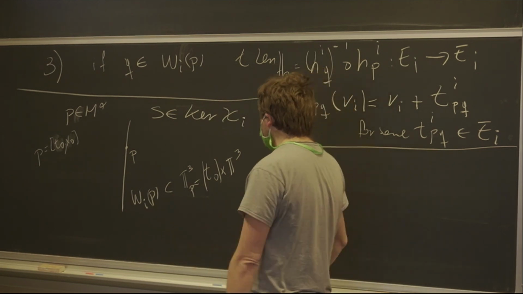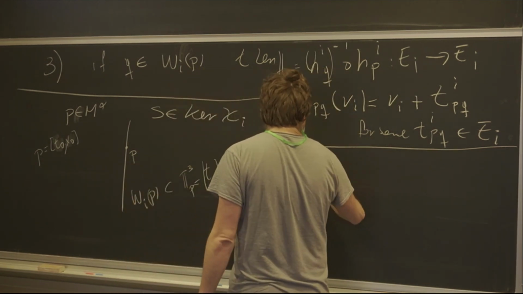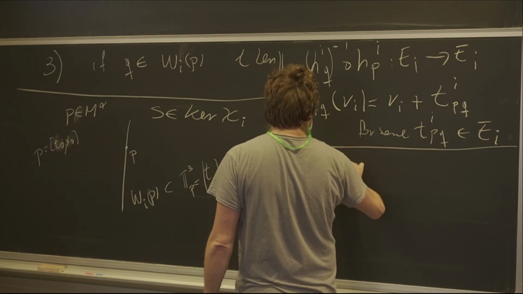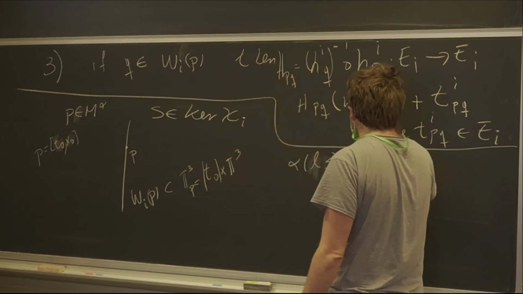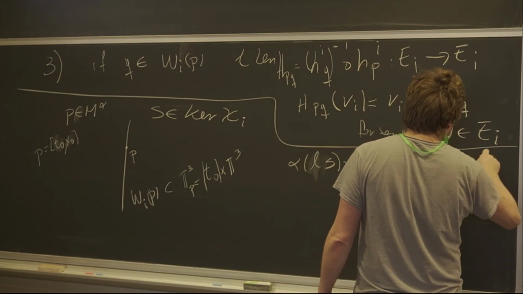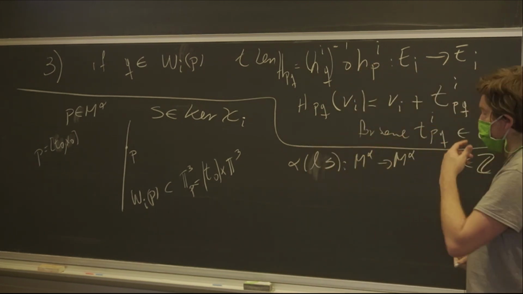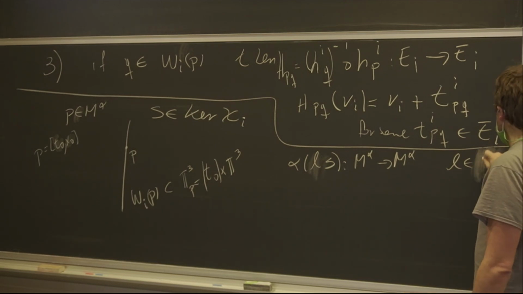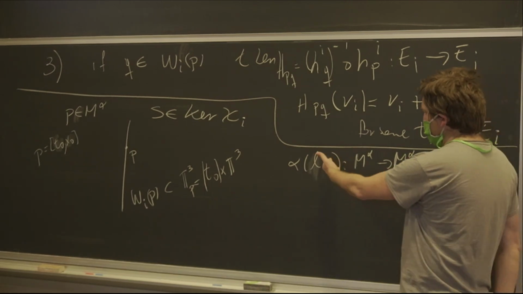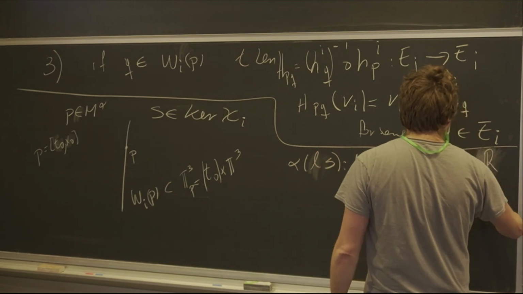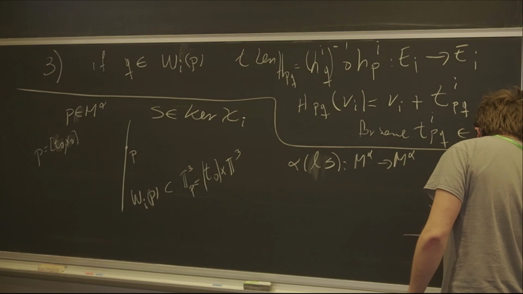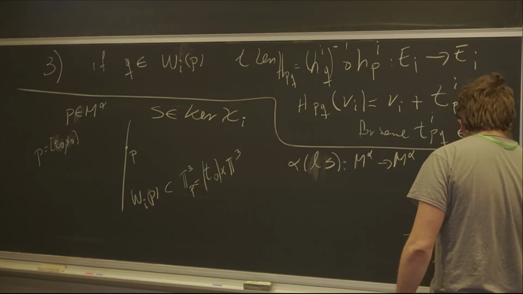And now I flow. I consider alpha of L times S from M alpha to M alpha, L some integer. Actually, some real number. So this is L times S. I have this S belongs to R2, so this is a time space. This is the kernel of chi 1.